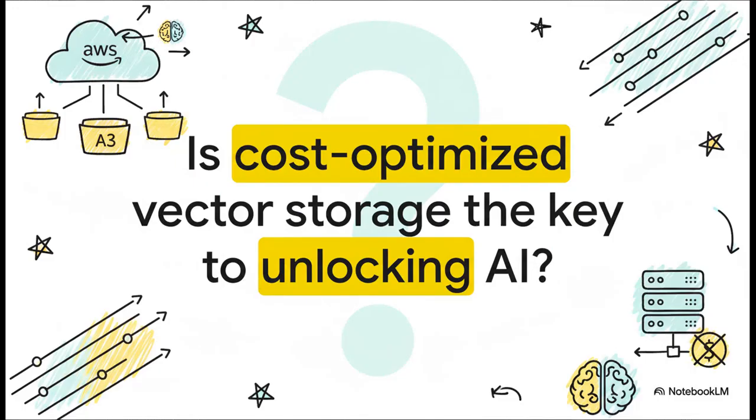And that really just leaves us with one big question to chew on. As the cost and the complexity of managing all this AI data keeps dropping, what's the next wave of innovation going to look like? Could this kind of cost-optimized approach be the real key to finally unlocking powerful, meaningful AI for everyone? It's going to be fascinating to watch.